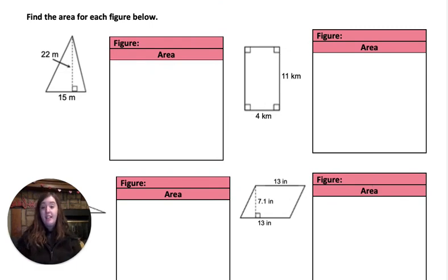This guy right here is a triangle. And we just want to find the area of him. We don't have to find perimeter anymore. So he's a triangle. And we know that we can find the area of a triangle by taking base times height divided by 2.